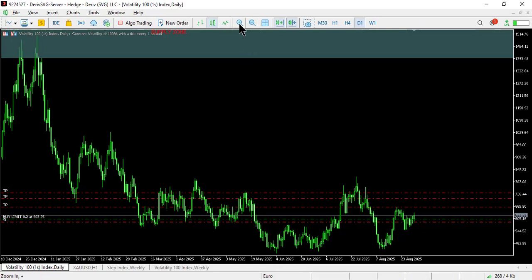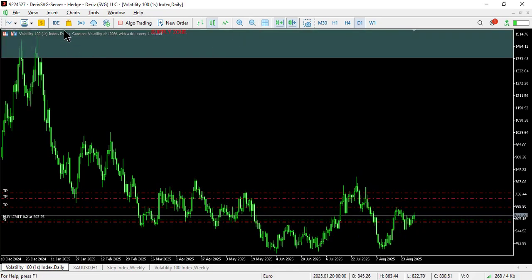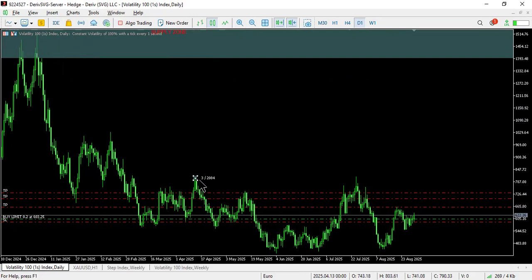So from the daily time frame, we can see the resistance and support that price is currently trading at.